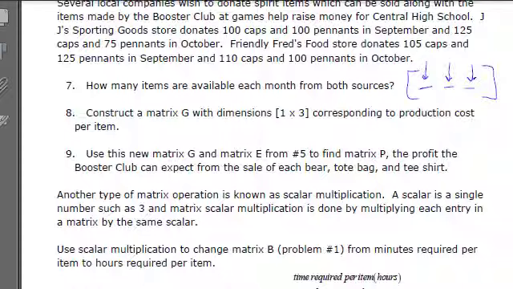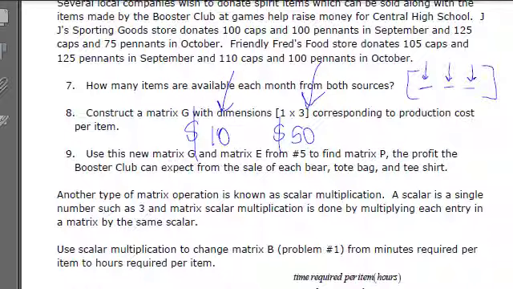Now let's talk about it. It says use this new matrix G and matrix E from number 5 to find matrix P, the profit. So how would you find profit? Well, I know that in order to get profit, say something cost me 10 bucks and I end up selling it for 50, I would take this number and subtract that one.